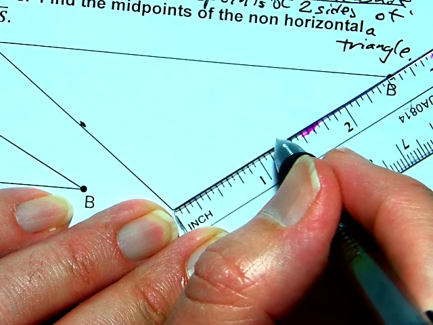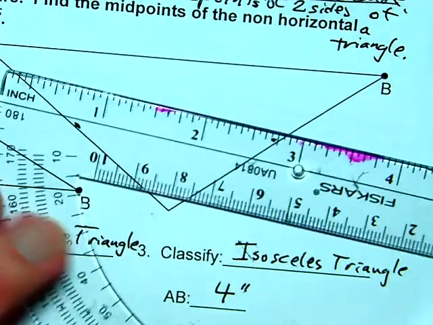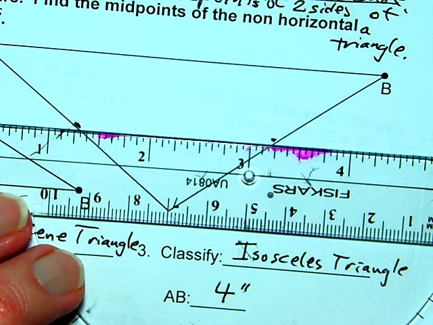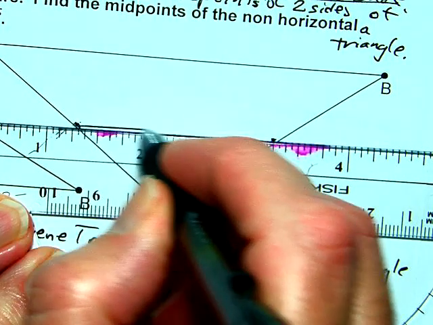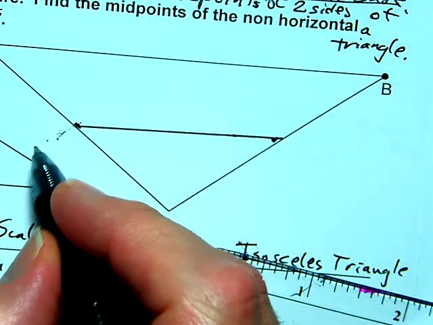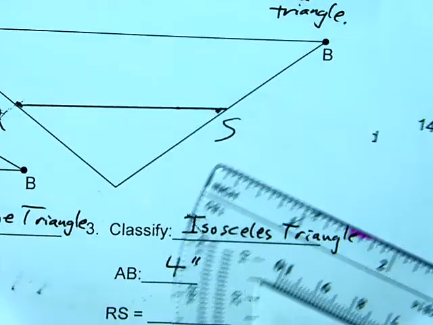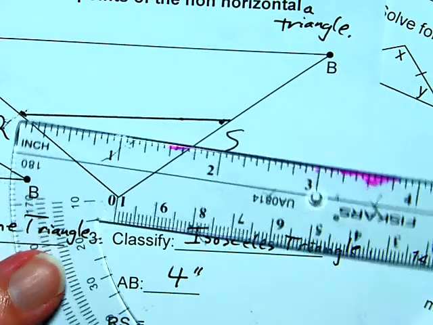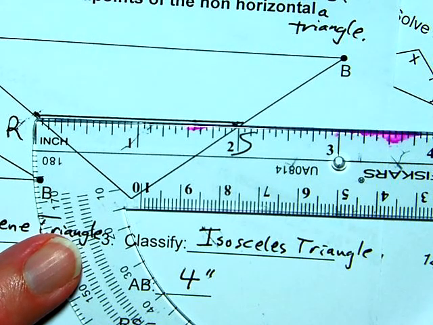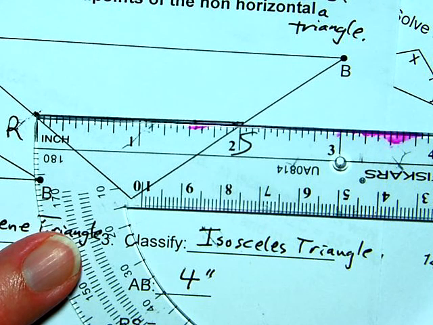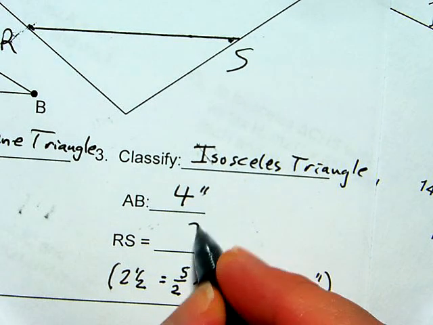Pretty good. Let's join these two points to make our line segment RS. There we go. Let's label R and S. AB was 4 inches. Let's see what RS is in terms of its length. And bullseye, it's 2 inches, right on the nose. So AB is 4 inches, RS is 2 inches.